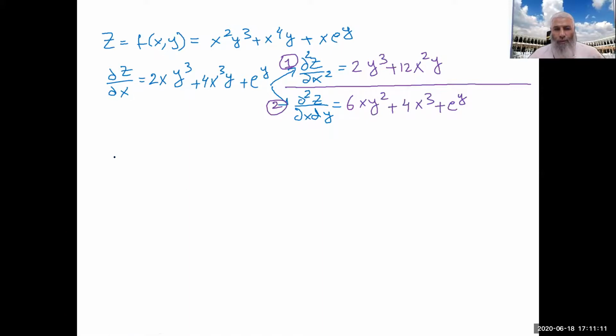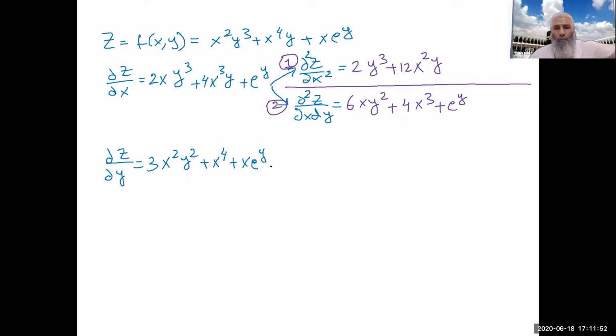Now, the first derivative with respect to y. This is the first derivative of the original function. So it would be 3x squared y squared plus x^4 plus x e^y.